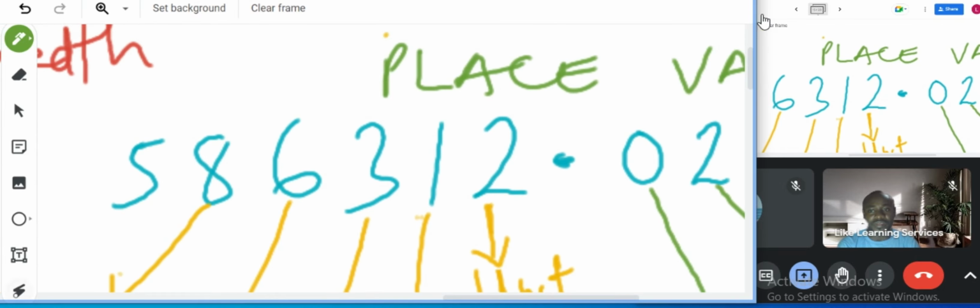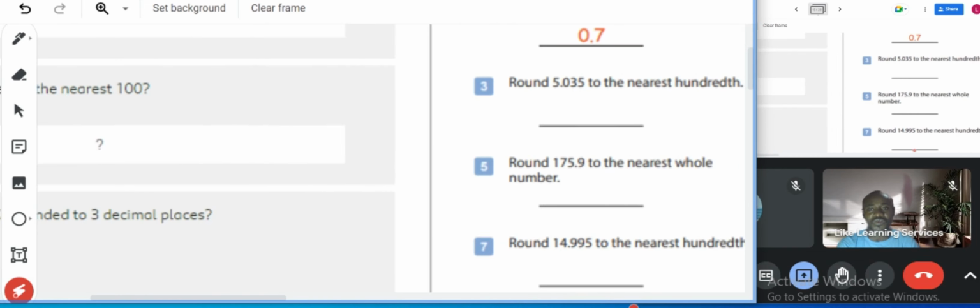After the point, the first digit is called tenth. The second digit, hundredth. Before the point, the first digit, unit. This one, tens. This, hundreds, and so on.